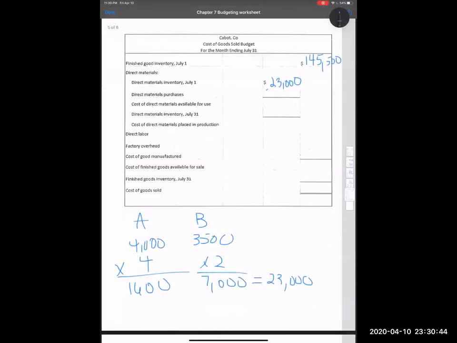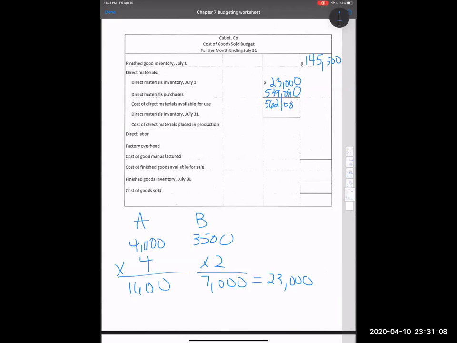So that's what goes here, 539,080. All right, so our cost of direct materials available for use, this is not a specific number, it's just a calculation. So you're adding our direct materials inventory as of July 1st, plus our direct materials purchases.